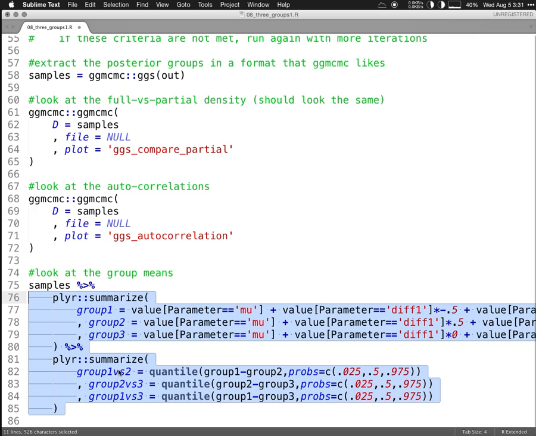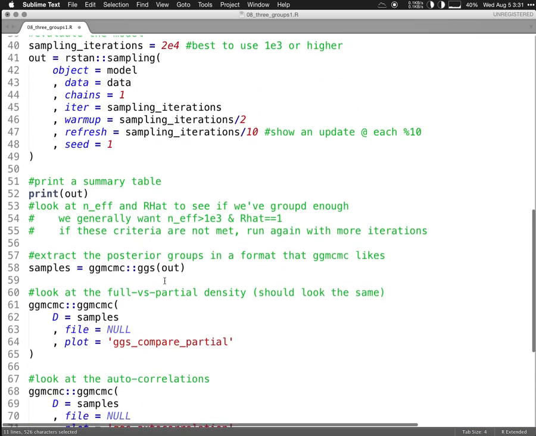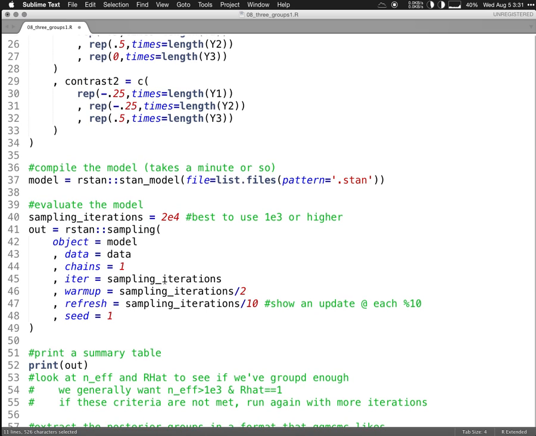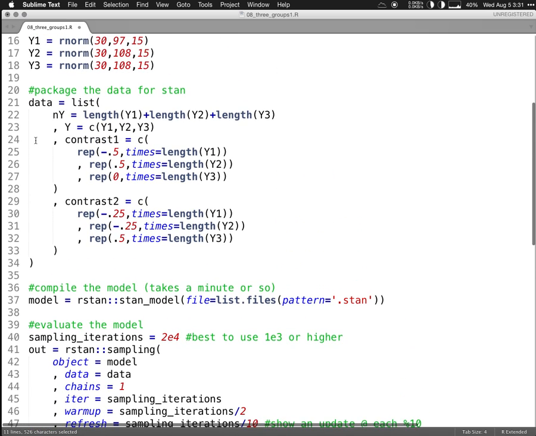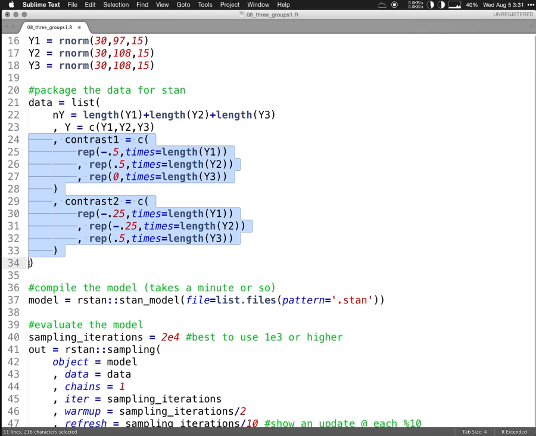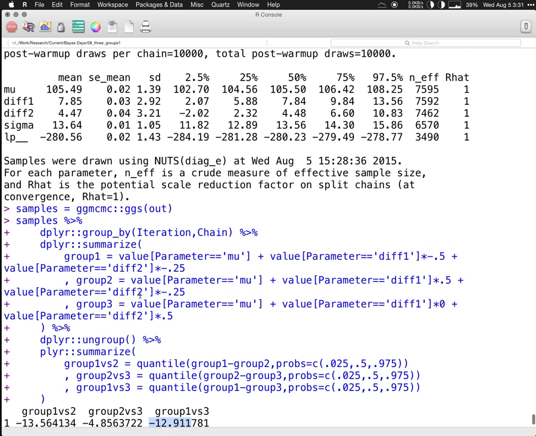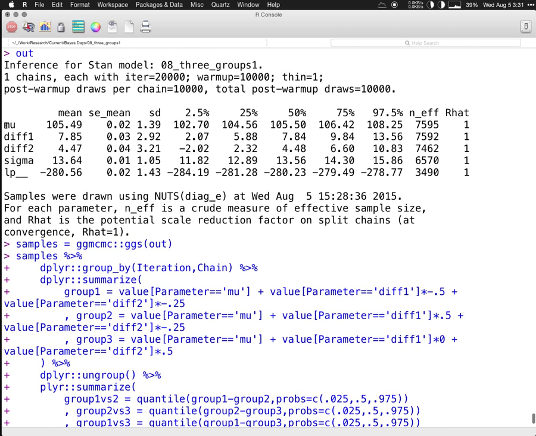And I mostly just wanted to show you that when you have more than 2 levels of a predictor variable, you have to start creating these orthogonal contrasts like this. And that allows you to maintain this center difference coding of the data.